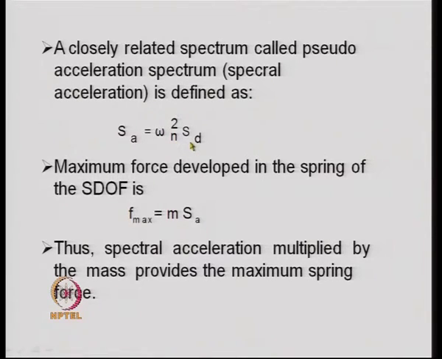Now, one can see that omega n multiplied by Sd is called the SV, and if it is further multiplied by omega n, then we get the definition of the spectral acceleration.